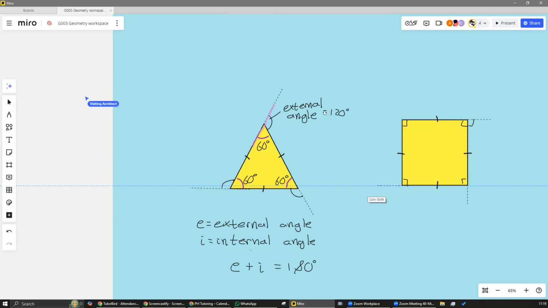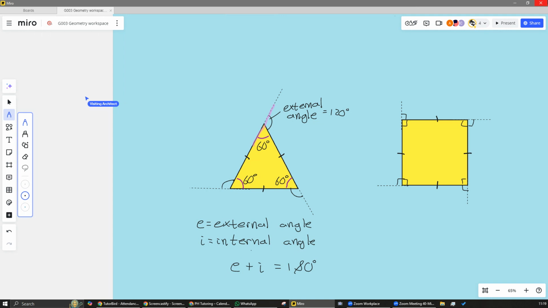Your next question, which is a bit harder than the last question, is: what pattern do you notice about the exterior angle of the triangle and the exterior angle of the square? Now, if you happen to already know this because you've done some self-learning, don't worry.